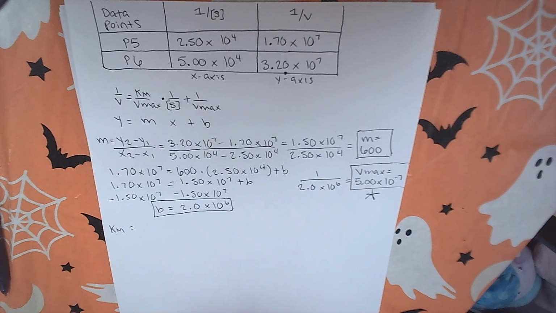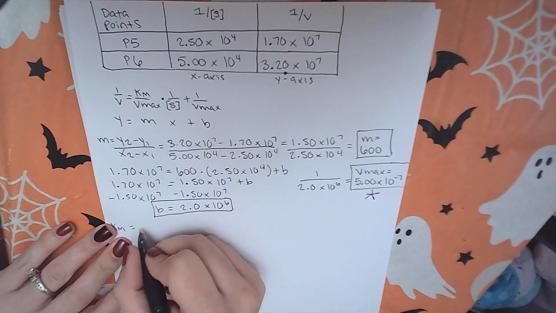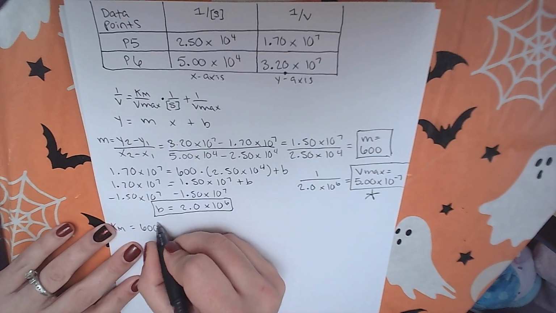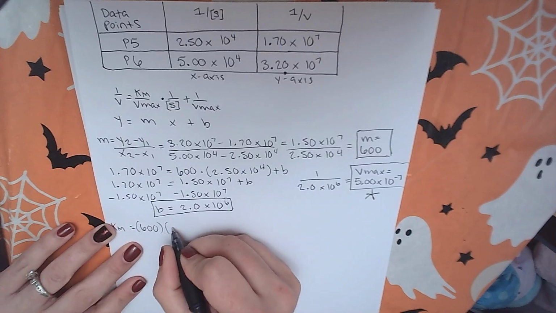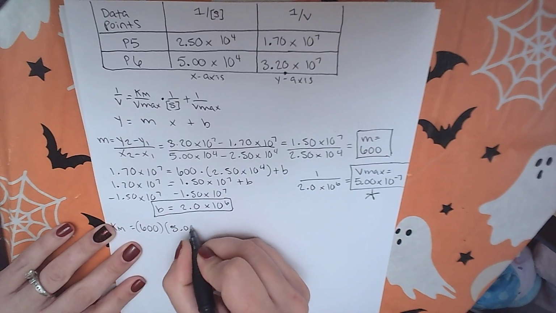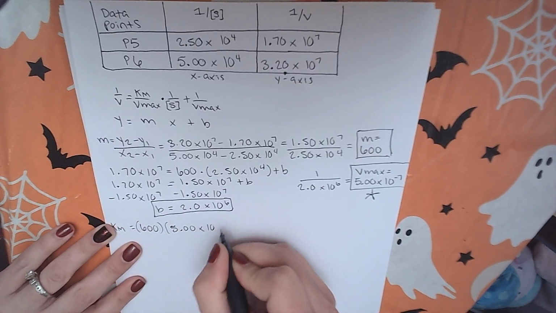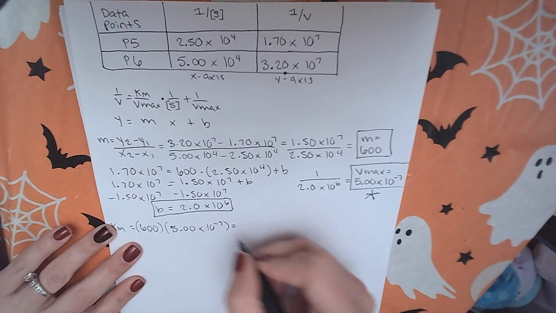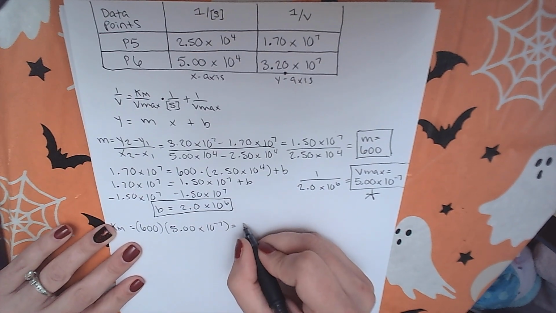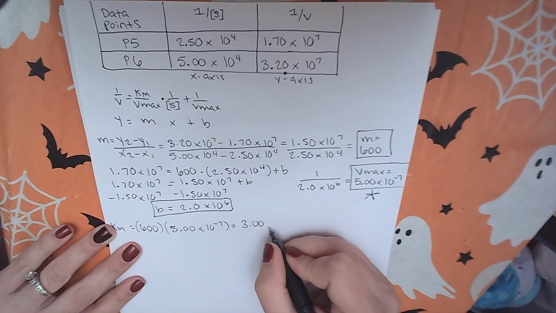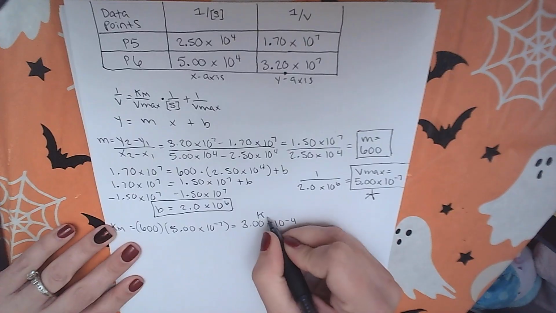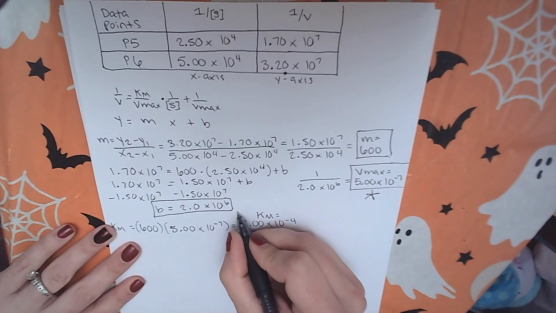So we're going to take our 600, that was our slope, and just multiply it by our Vmax, which was 5.00 times 10 to the negative 7, which equals 3.00 times 10 to the negative 4, and that is Km.